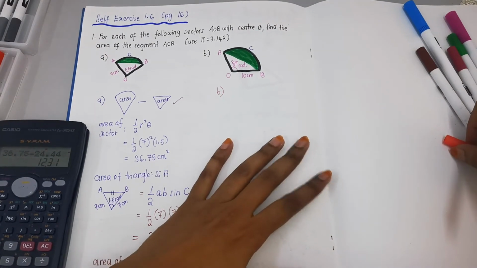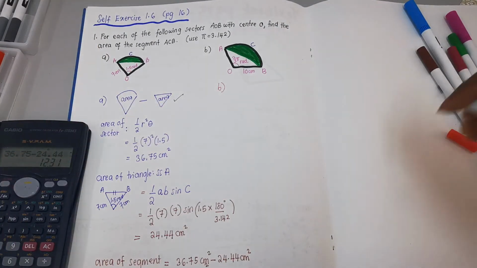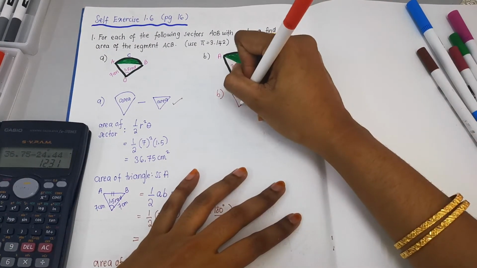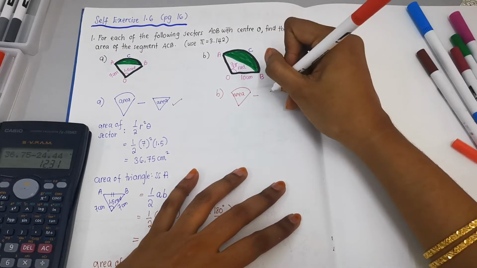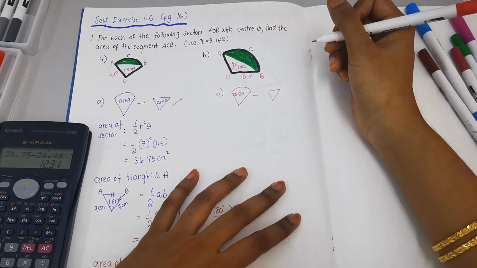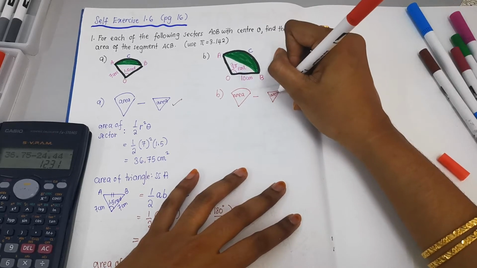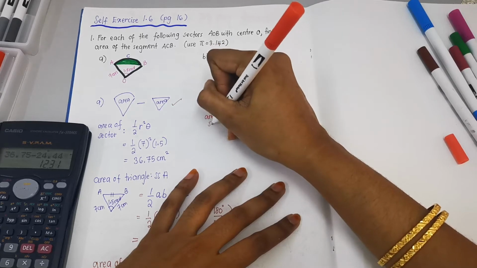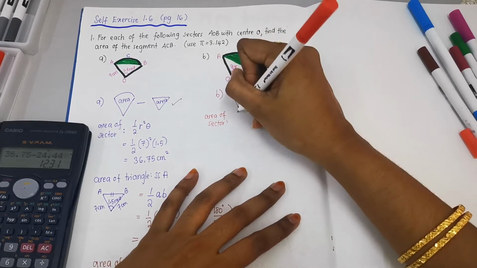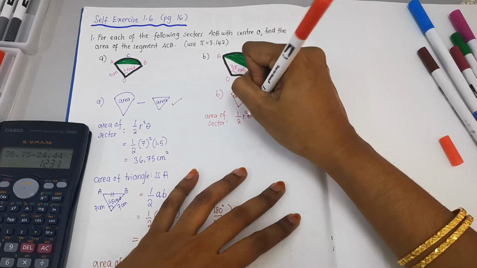Okay, I hope you're trying. While you're trying, I'm going to do the steps here also. Take the whole sector, the area of the entire sector minus the triangle. Let's start with area of sector. So always write down the formula. That is one tip.